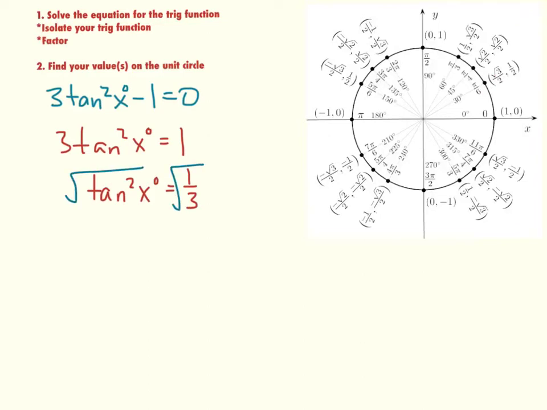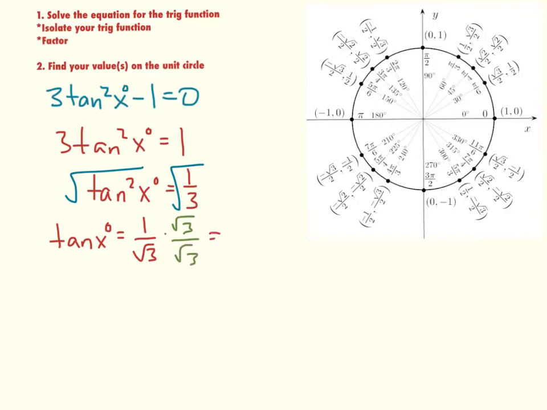So the tangent of x is equal to, whenever you have a square root of a fraction, the square root of the numerator divided by the square root of the denominator. So 1 over root 3. Now we don't leave square roots in the denominator, so I'm going to multiply this by root 3 over root 3.